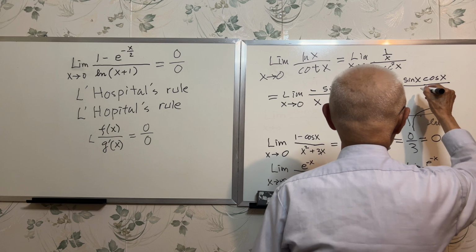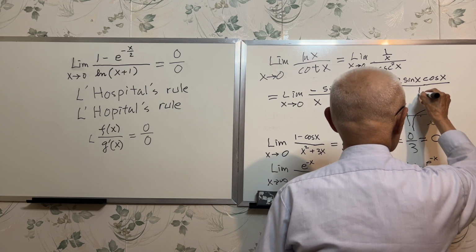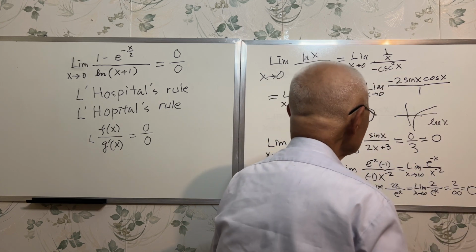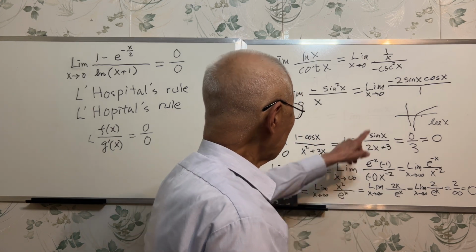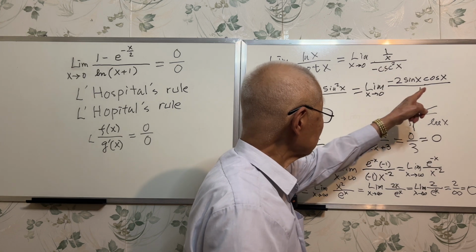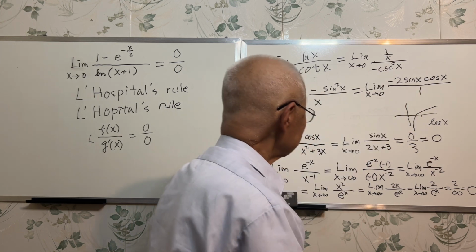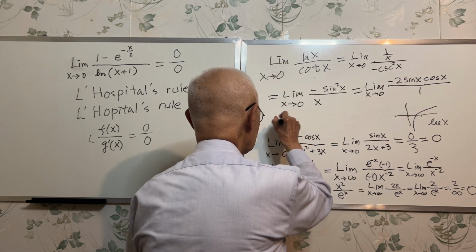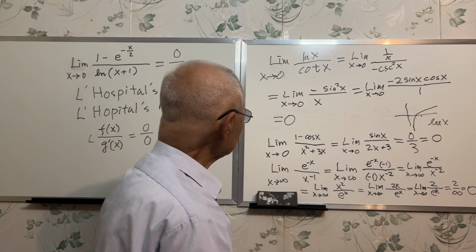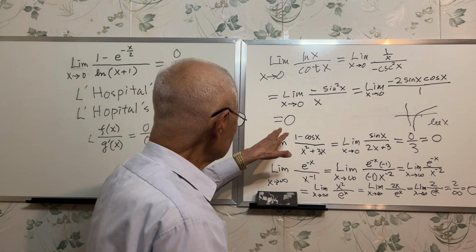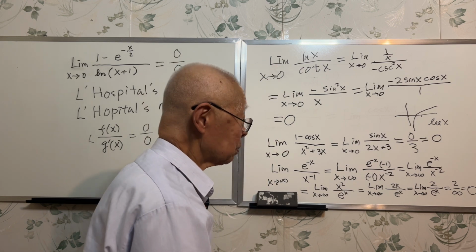The denominator is just 1. Now you take the limit. Sine 0 is 0, cosine 0 is 1, so it is 0. So for this question, the answer to the limit is 0.